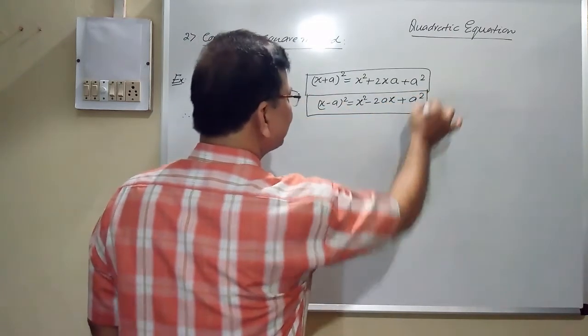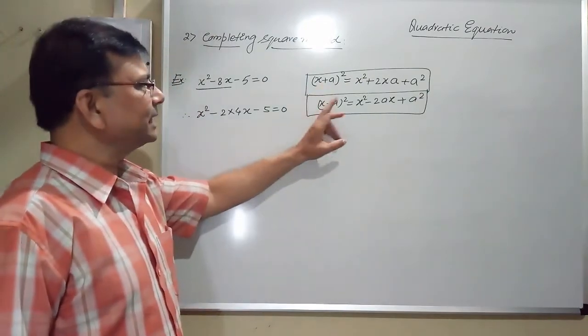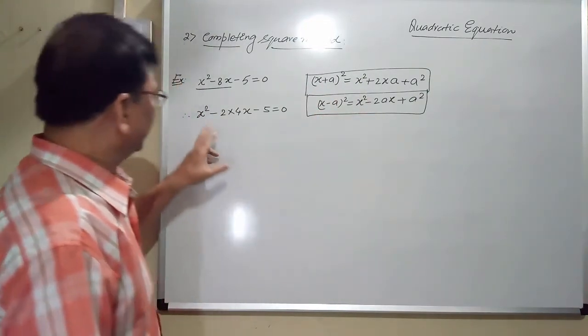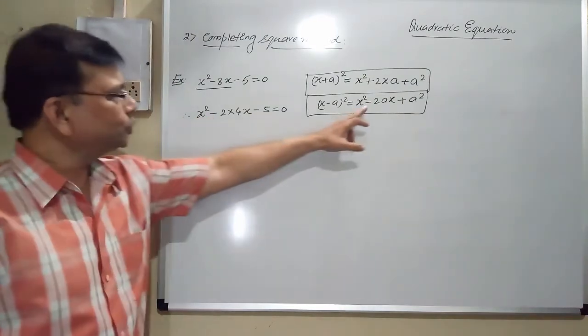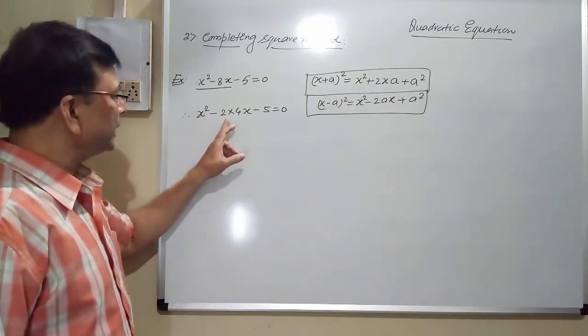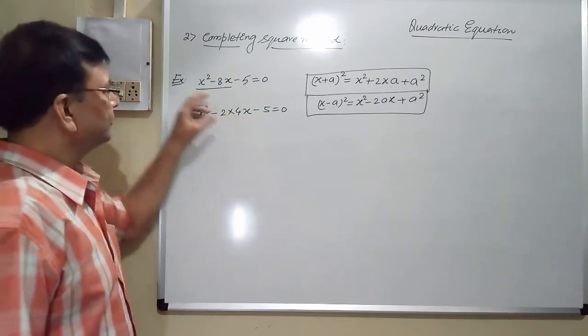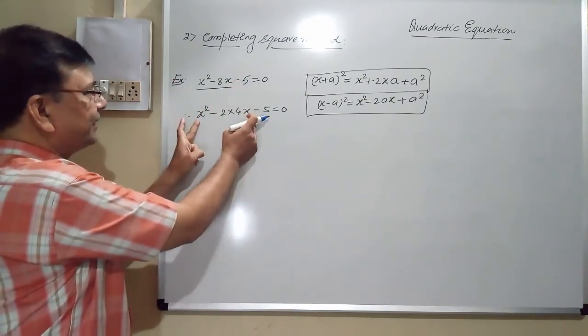This is the only difference. If it is minus, then here it will be minus. So see, x square minus 2 into ax, this much we got from these two terms.